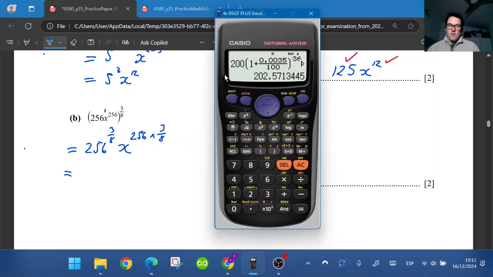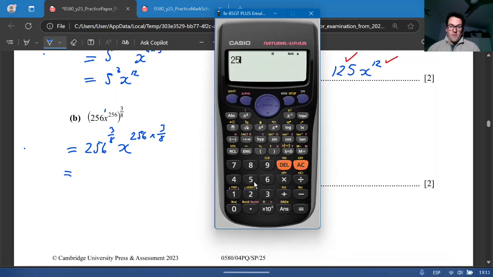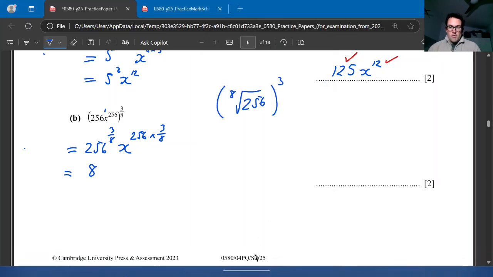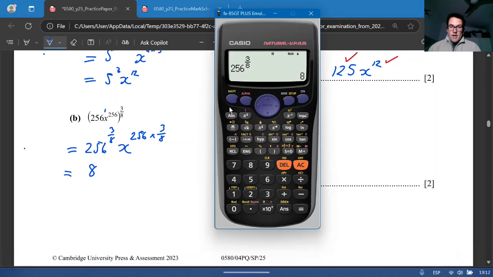But you don't waste your time. You just put in 256 to the power of bracket fraction 3 over 8, which gives you the answer 8. If you want to break it down, do shift root 8, 256, cubed. Same answer, see?